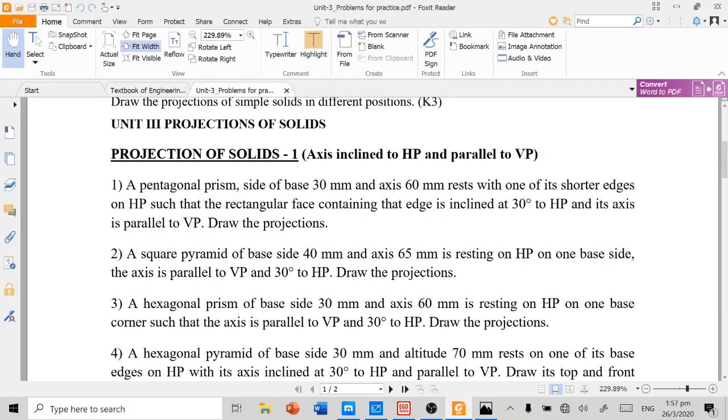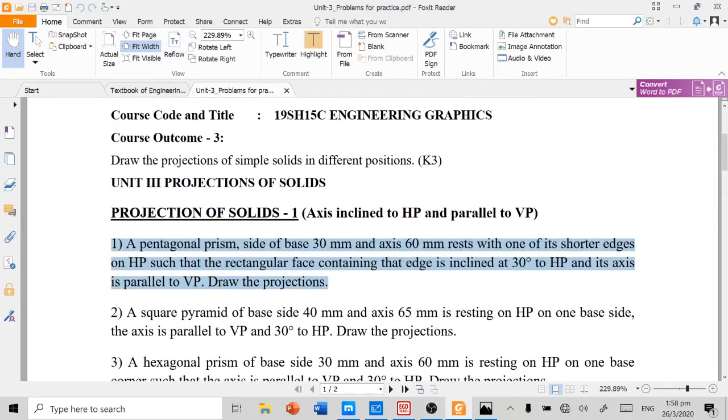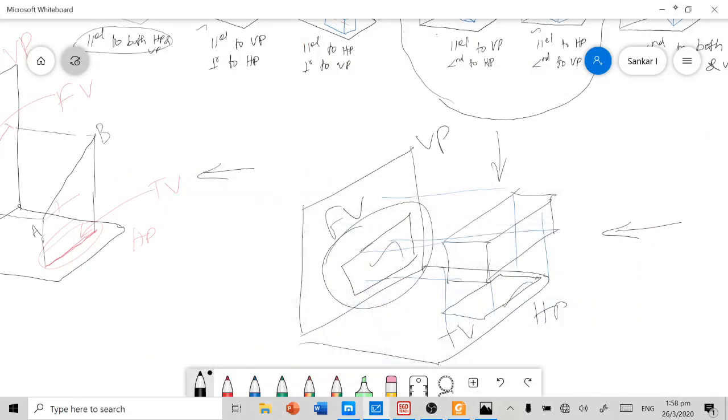See, the problem is: a pentagonal prism, side of base 30 mm and axis 60 mm, rests with one of its shorter edges on HP such that the rectangular face containing the edge is inclined at 30 degrees to HP and its axis is parallel to VP. Draw the projection. This problem is given in our problem set, and before going to this problem we can solve some simple problems to understand the concept.